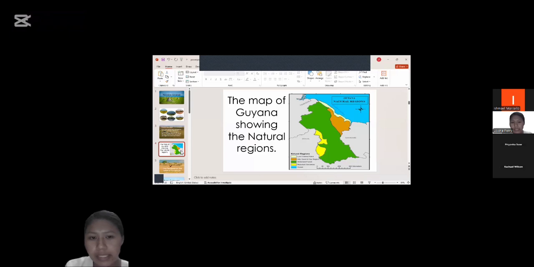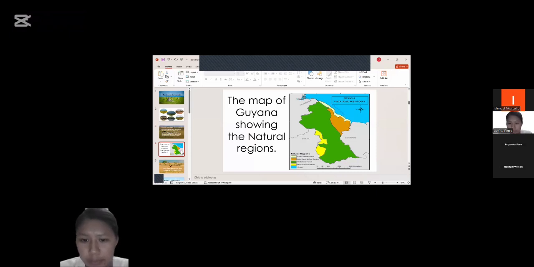On this slide here, I have a map. This is the map of Guyana, showing the 4 natural regions of our country. And as you can see there, which color is depicting the interior savanna that we are talking about? It's the yellow one, Miss. The yellow one.